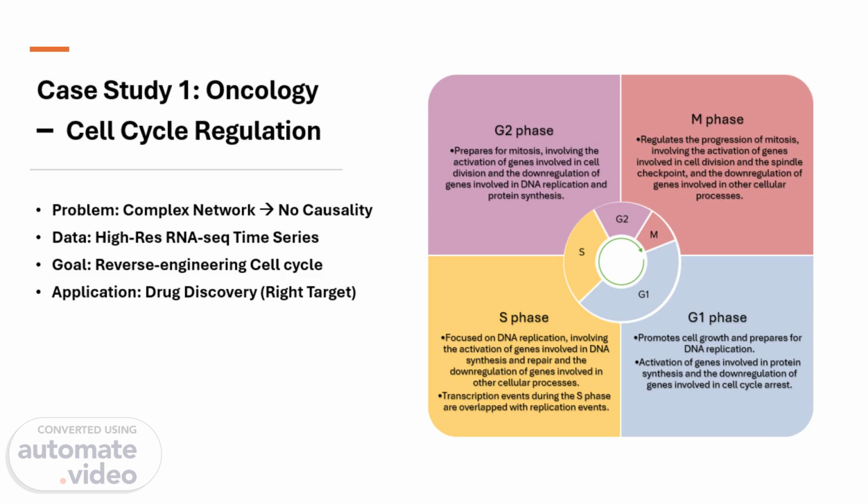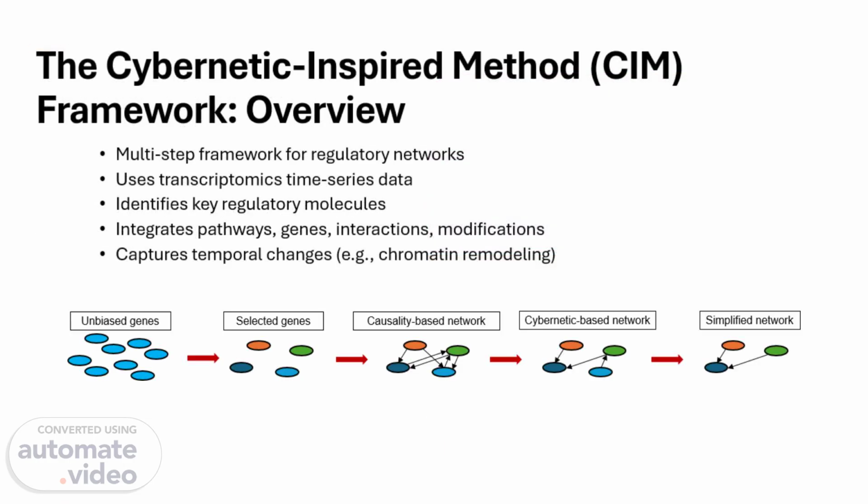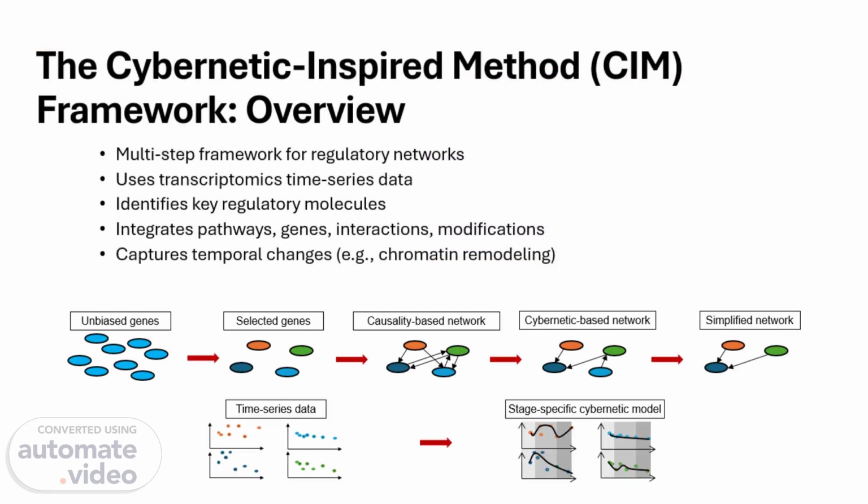The diagram illustrates the different phases of the cell cycle: G0, S, G2, and M, and the genetic events that characterize each, which our models aim to decipher. To address this, we employed the Cybernetic Inspired Method, CIM, framework, a multi-step approach for regulatory networks.